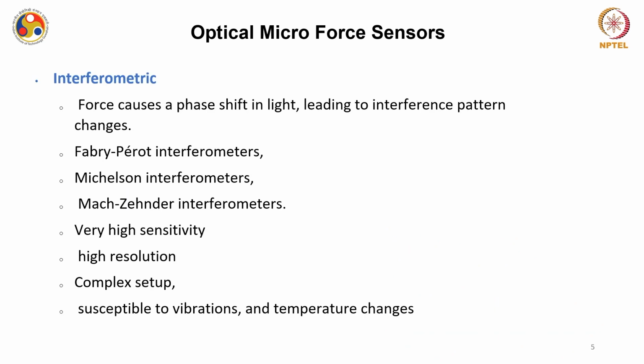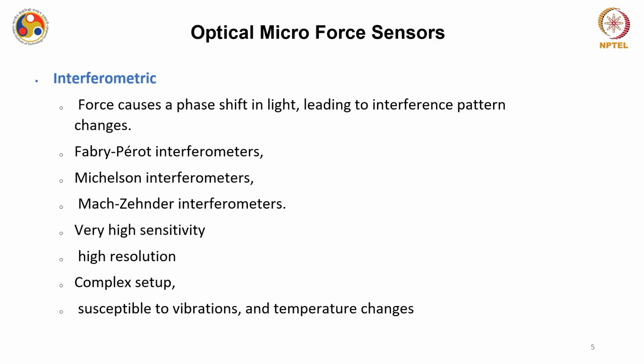Then there are other techniques like the interferometric technique. Here force causes a phase shift in the light, which leads to interference pattern changes because of this phase change. There are various kinds of interferometers that exist in the domain, and most of them can be used in micro force sensor applications.